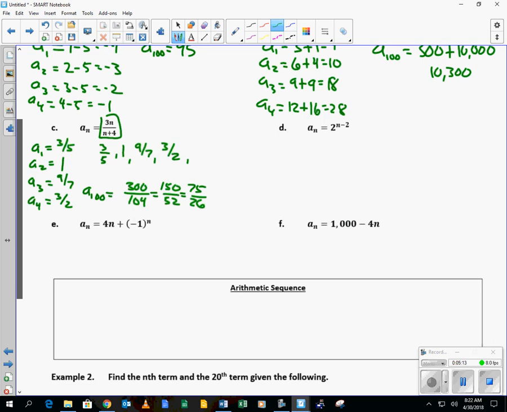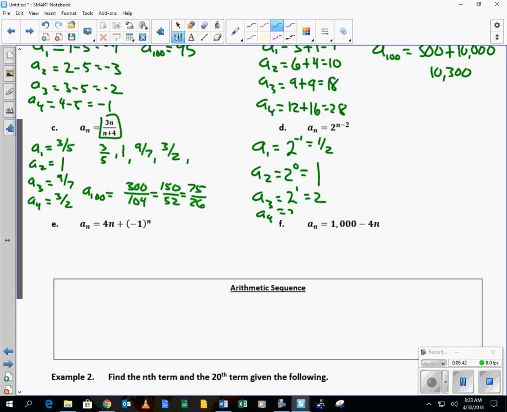What's different about letter D? N is in the exponent. So a sub 1 is equal to 2 to the negative 1. What's 2 to the negative 1? 1 half. A sub 2 would be 2 to the 0. What's 2 to the 0? The 0 power is 1. A sub 3 is 2 to the first, which is 2.